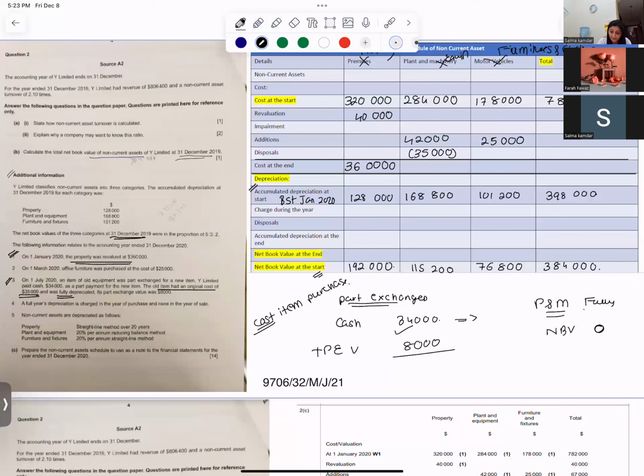So can you tell me the full year's plant and equipment cost at the end? 291,000. Are you with me?